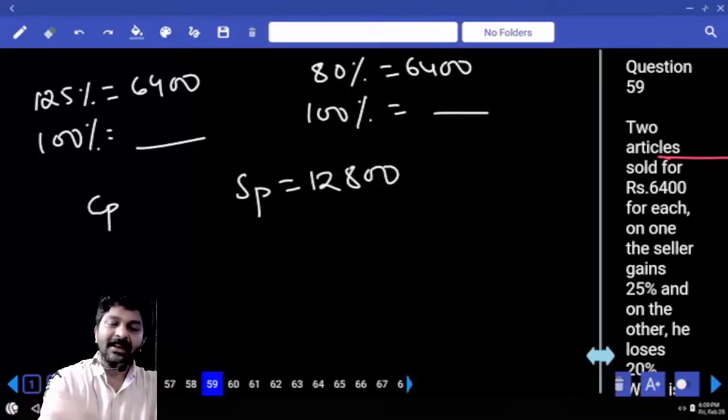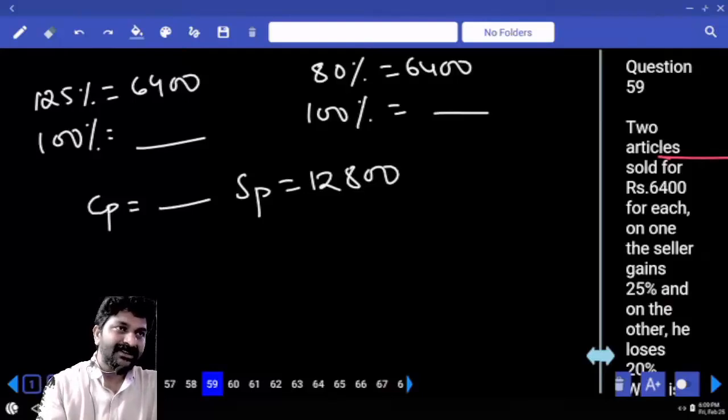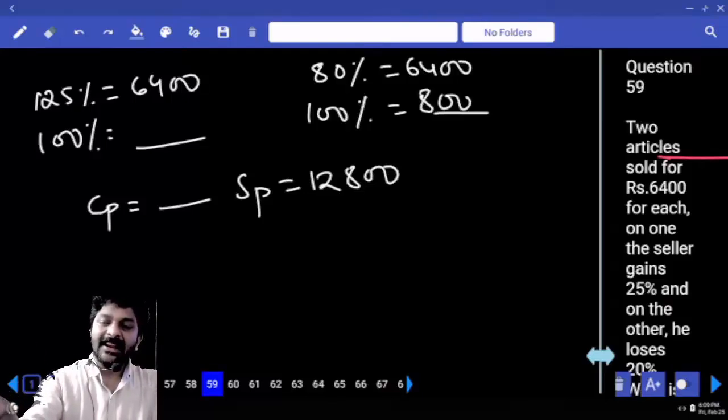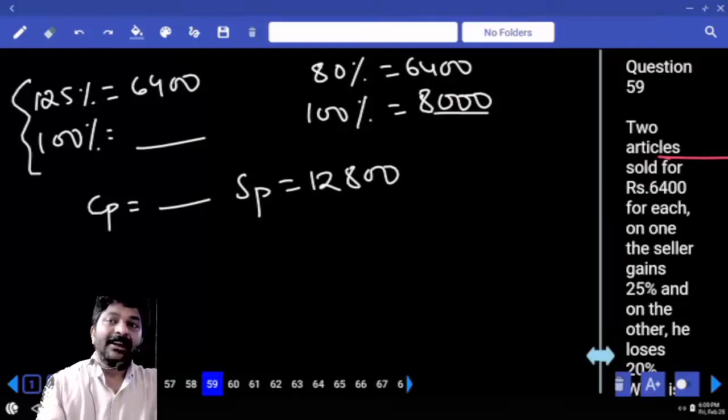After getting these two values, you will get to know cost price, and then profit percentage or loss percentage we have to calculate. Now from this, second item cost price is equal to 8,000. So here I can write this as 125 on 100, 5 is to 4 ratio.